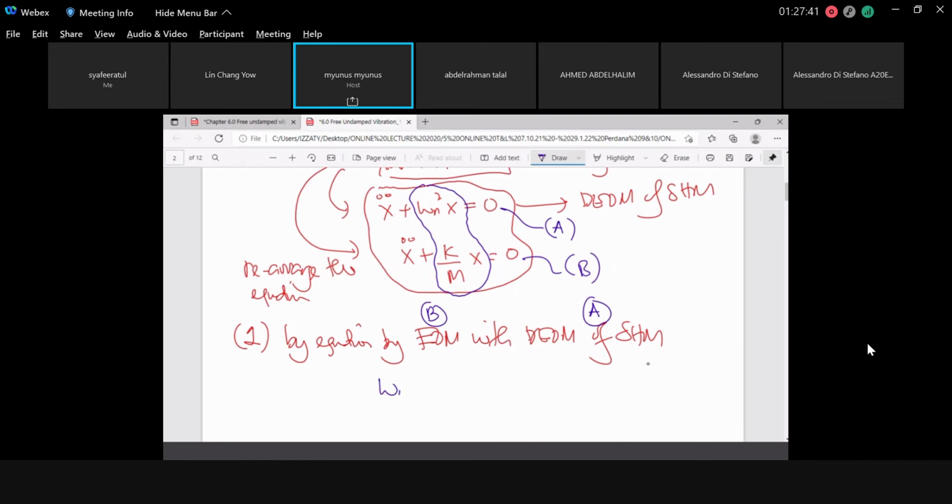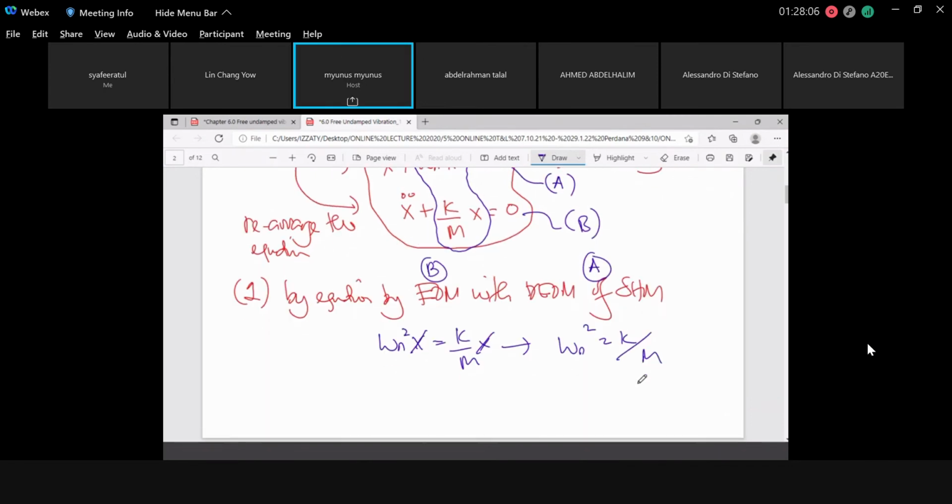You have omega n square x equal to k over m x. Then you simplify, cancel, leading to omega n square equal to k over m. Or can also be written as omega n equal to square root of k over m, in radian per second.